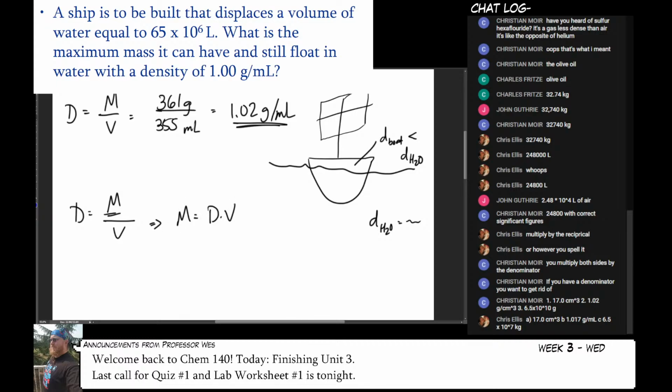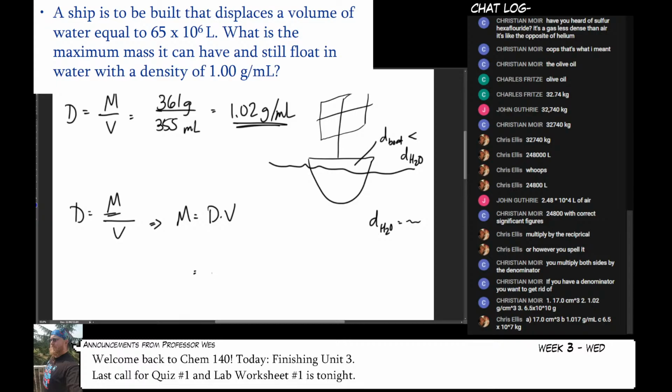And that's going to depend on the density of the medium that you're floating in and the volume that your ship displaces. The bigger the ship that you build, the more mass it can carry. Or if you are building in a freshwater lake, which has density of water equal to 1 or so, versus the ocean, which has density 1.1, you can put 10% more mass on your boat in the ocean.